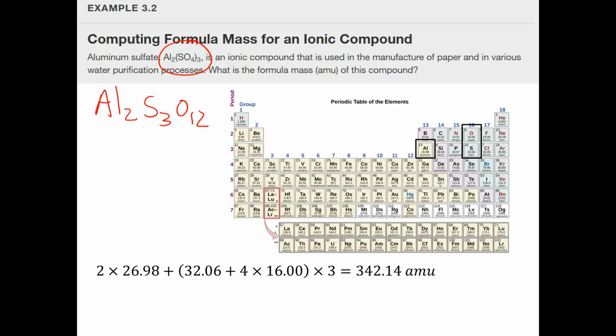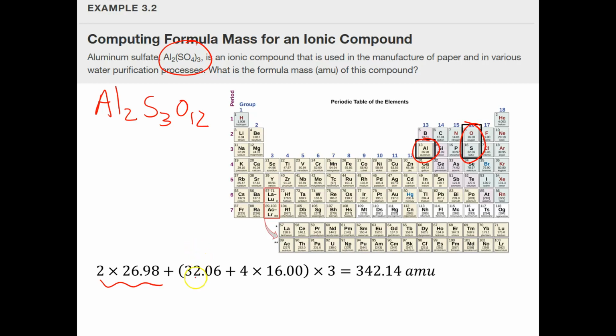So in order to calculate a formula mass for a compound, you're going to need a periodic table, and then you have to look up the masses of the relevant atoms. Once you've got that, you just got to not make a mistake in making sure you got the correct number of everything. So according to the formula, I've got 2 aluminums.